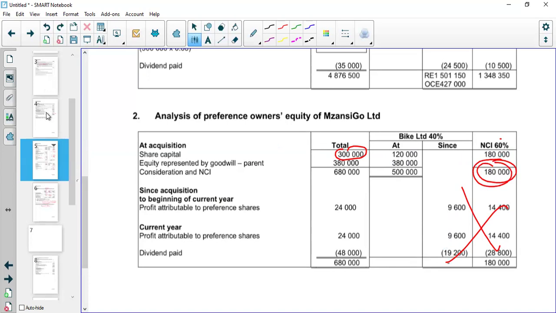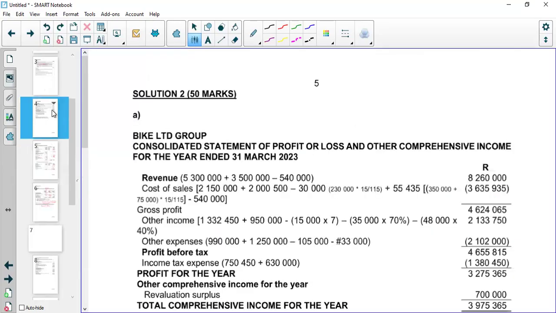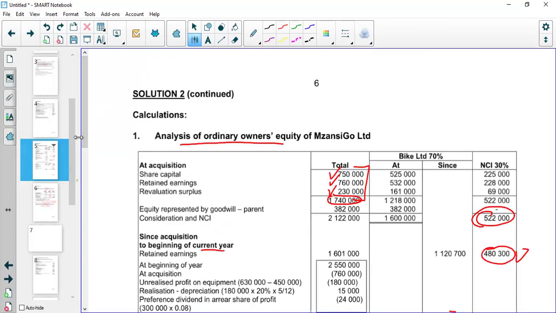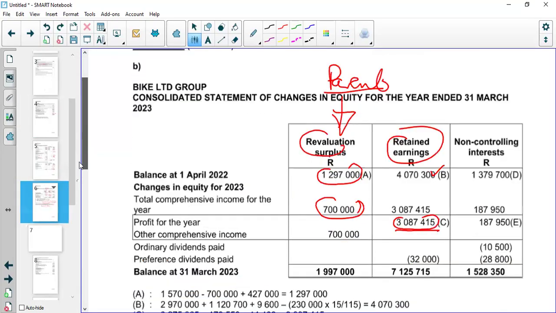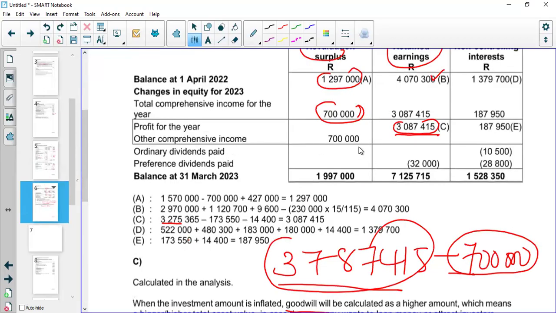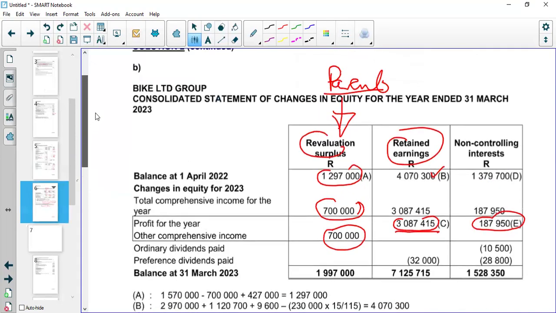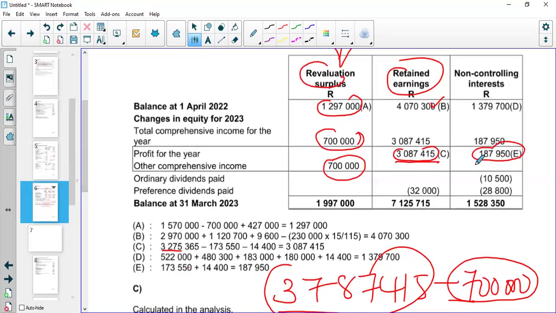And then during the year, we just give the NCI a share of the revaluation surplus. All right. By the way, the revaluation surplus was only for the parent. The subsidiary didn't have a revaluation surplus. And then these dividends are based on the dividends declared by the subsidiary, right?